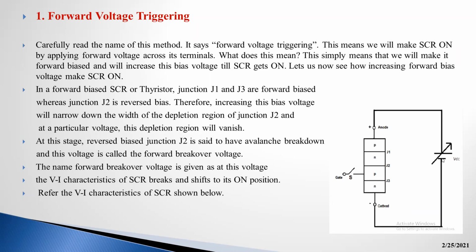By increasing this voltage more and more, to nearly 7 to 8 times the rated voltage, what happens? The junction JT, which is in reverse bias condition, goes into the forward bias condition. This means the depletion layer formed across this junction decreases, and at one particular voltage level the depletion layer is completely removed and a path is provided for the current to flow from anode to cathode.